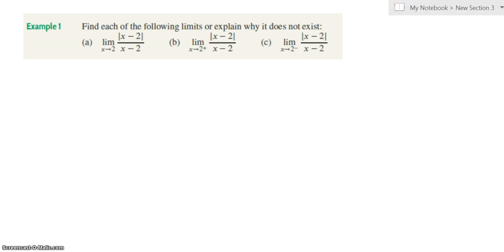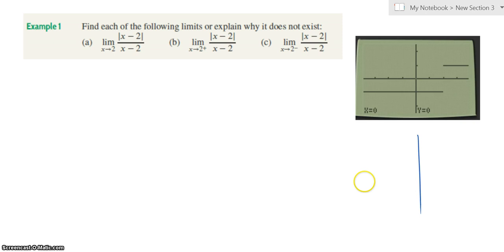So let's go ahead and graph that. It looks like it's 1 this way and 1 that way. Right, that's the x-axis. This is going to be -1, and this is going to be 1, it looks like, since I just used the standard window, so each label here is just 1.